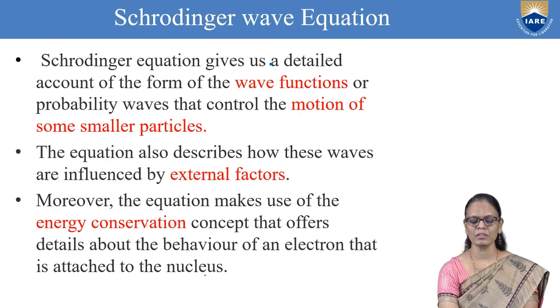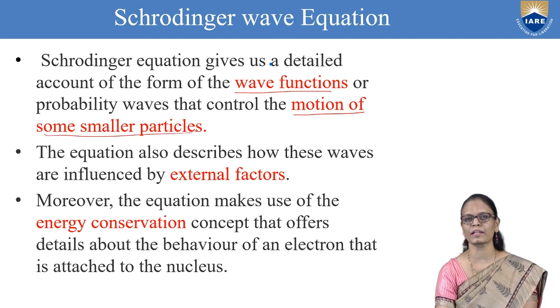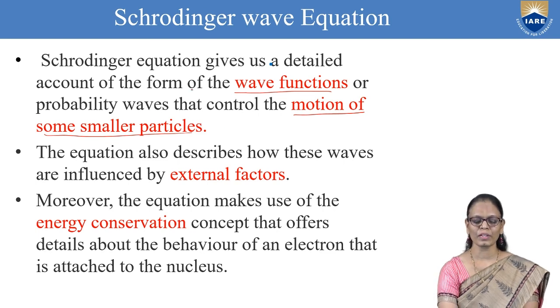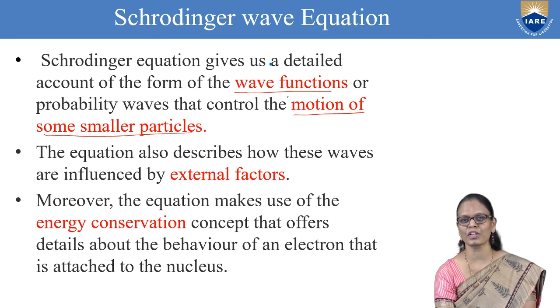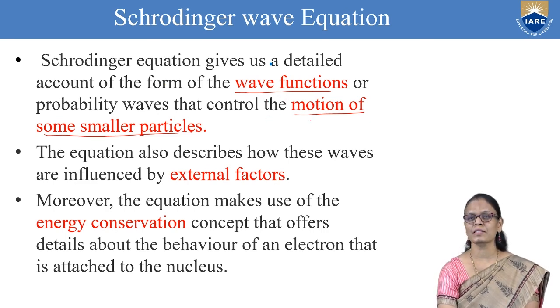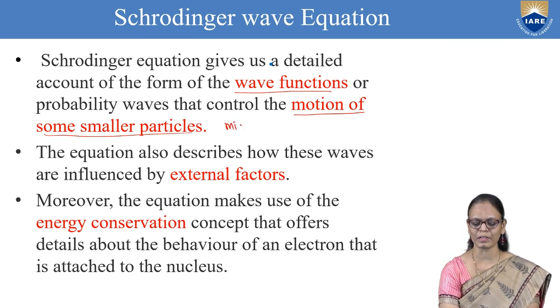Now this equation, that is the Schrodinger equation, gives us a detailed account of the form of wave functions or the probability waves that control the motion of smaller particles. So here we are talking about elementary particles like electrons, protons and neutrons. It gives us detailed information about the wave function, which helps in understanding the motion of microscopic particles.